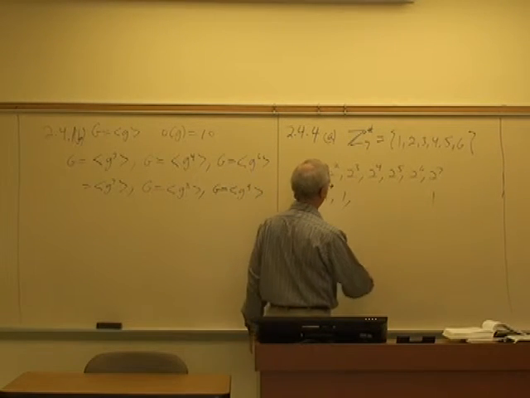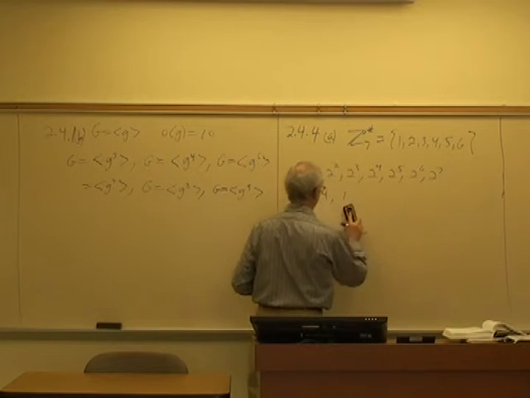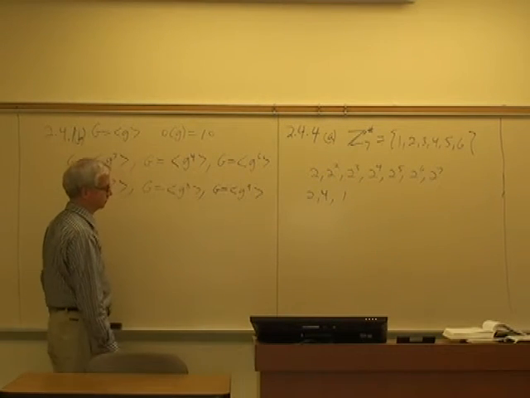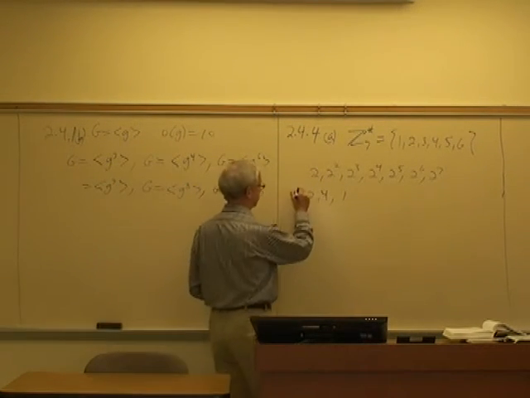Okay. So it is a subgroup, right? That's all I have in it. Okay, so it doesn't generate the group, right? That's all I get is 2, 4, 1.